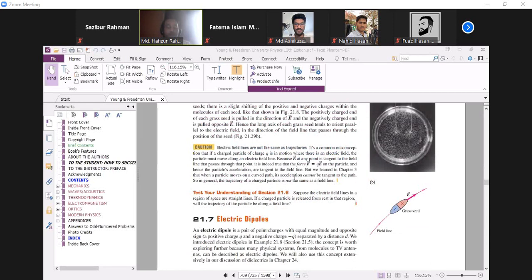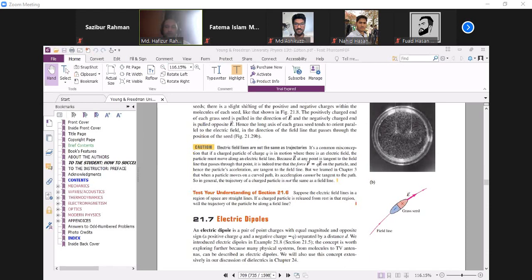So an electric dipole, its definition is very simple. Two equal but opposite charges, when they are separated by a distance, that is known as an electric dipole. For example, plus Q and minus Q, they are equal but opposite charges.